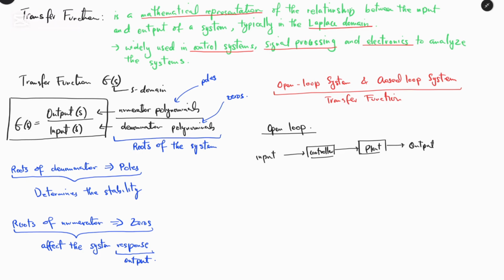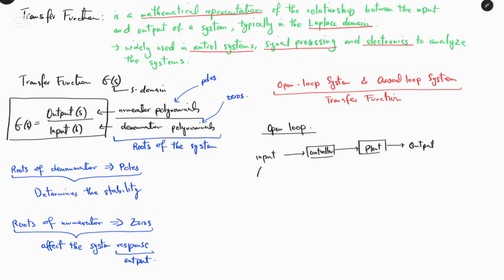When we talk about the input, since the input is a signal having a quantity, this quantity can be represented either in the time domain or the frequency domain. However, when using a transfer function, we normally represent all of them using the frequency domain.